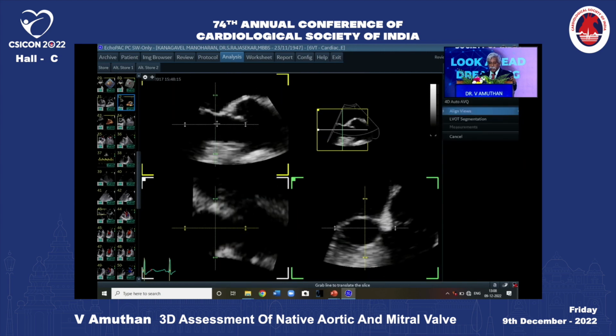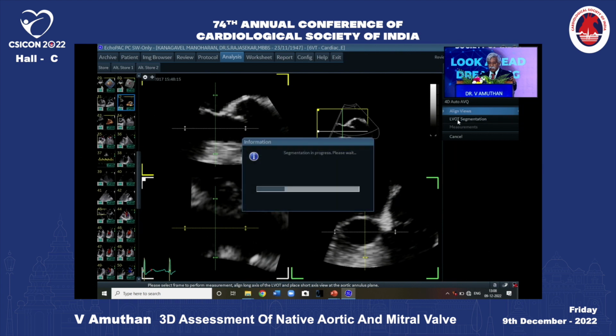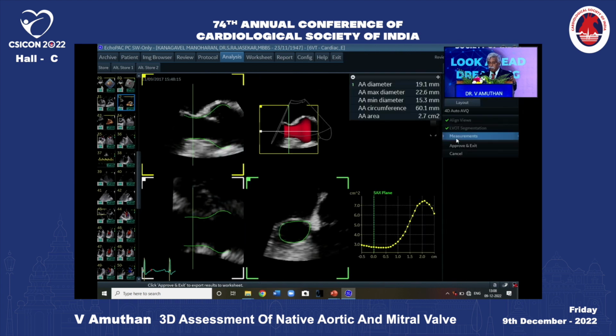First of all, you have to align and then place it exactly in the center, and then LVOT segmentation can be done, and the measurements are available. Annular diameter, maximal diameter and minimal diameter, annular circumference, and the mean diameter can be calculated very easily from this. So these are the ways of quantification of the mitral and aortic valve, which are very useful for the interventional cardiologists. Thank you for your attention.